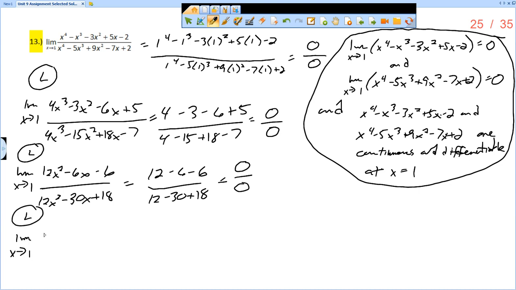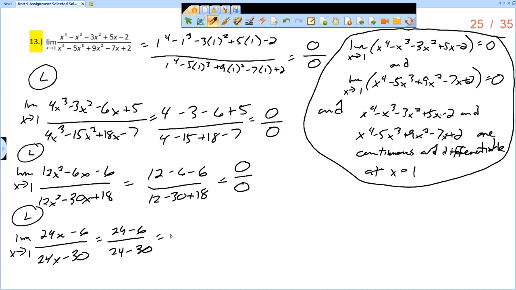So the limit as x approaches 1 of 24x minus 6 over 24x minus 30, right? And so now we would reevaluate: 24 times 1 minus 6 over 24 minus 30.